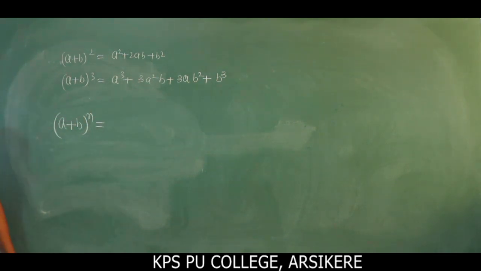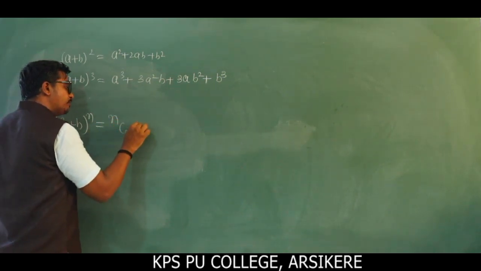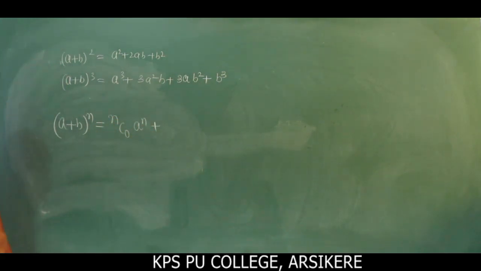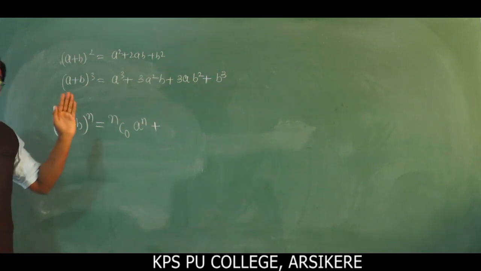(a plus b) whole power n becomes nC0 a power n, then the power of a is decremented by 1 and the power of b is incremented by 1.